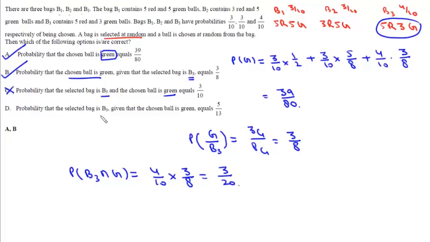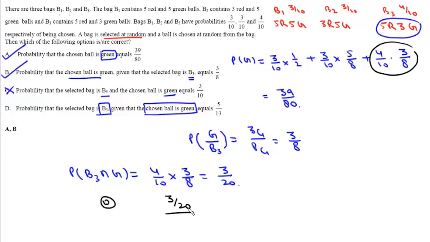The probability that selected bag is B3 given that the chosen ball is green. Now this fourth one is a Bayes theorem question. So for this fourth one, we have to take this case in the numerator. So it will be this case in the numerator, which is 3 by 20 upon this total case, which is 39 by 80.